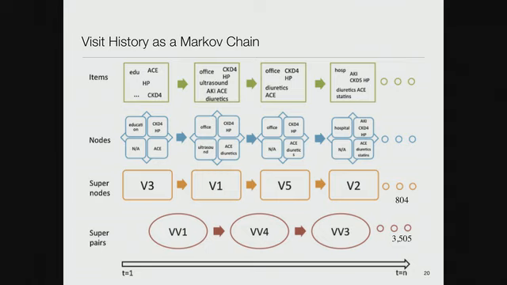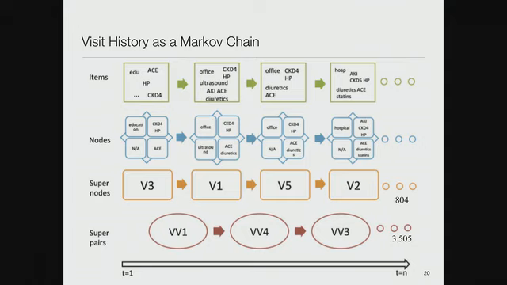Then the supernodes are these combinations where we say, okay, you had a particular purpose, a particular diagnosis, a particular set of interventions, a particular set of procedures. And again, we list all possible combinations of those. And then that sequence represents your sequence.